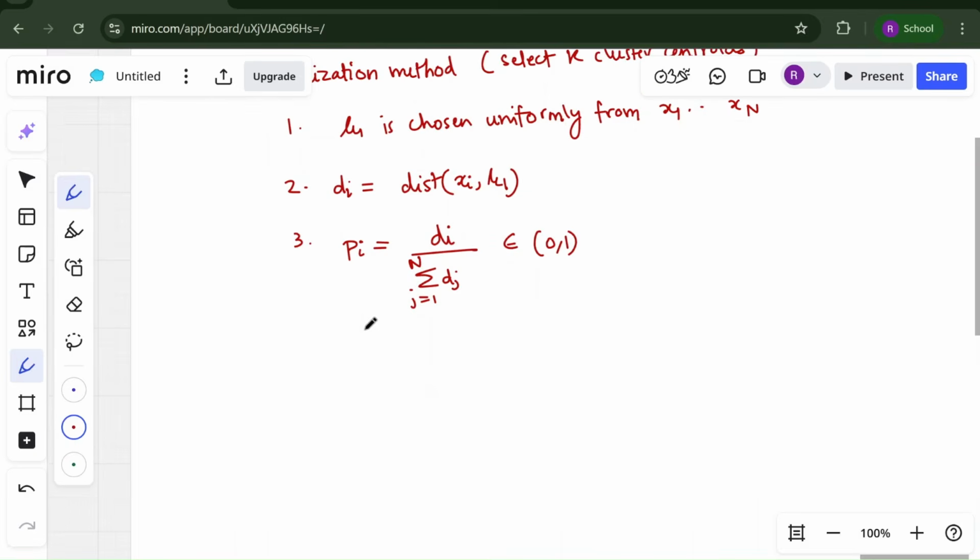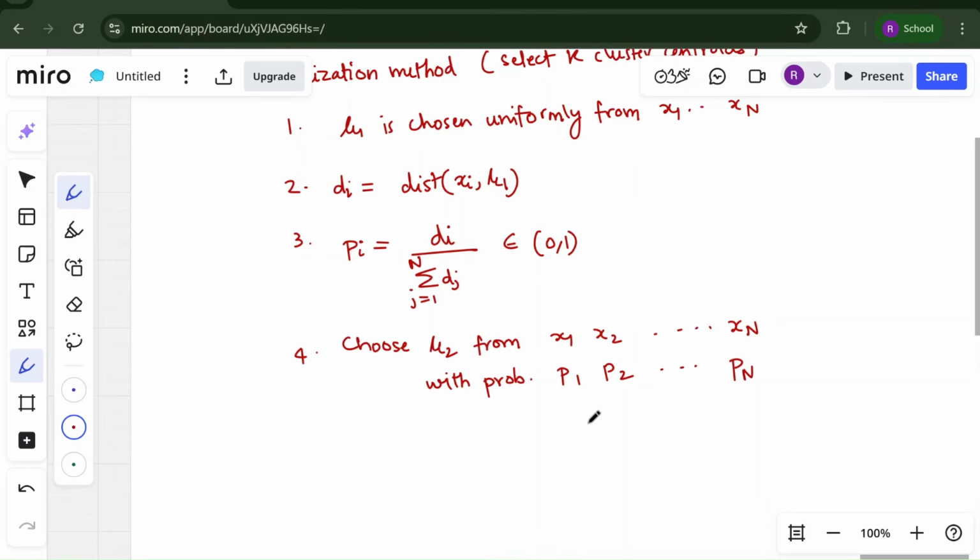Okay, what is the next step? In the next step, you choose mu2 from x1, x2, and so on up to xn, where these data points have probability p1, p2 up to p capital N. Okay, so you can think about this as the PMF, and then you're randomly sampling from it.